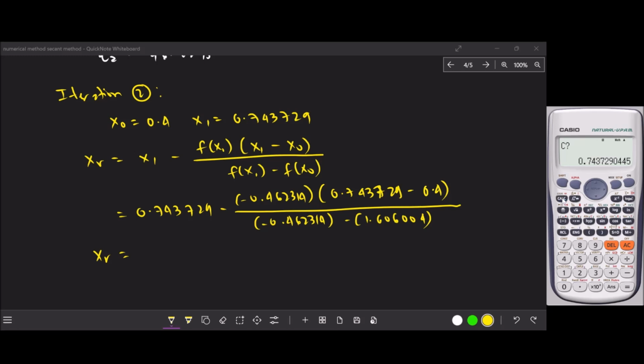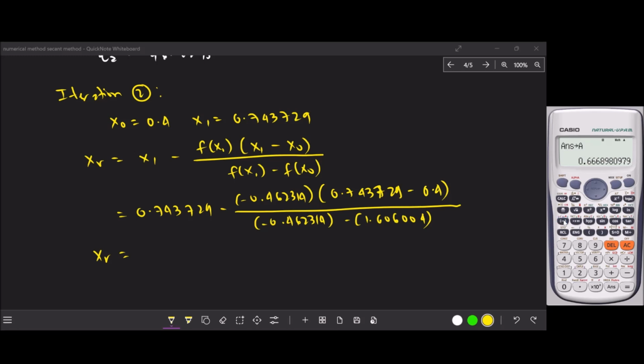Okay, so to check, 0.743, then we have negative 0.462314. Okay, so B is also correct. So our value now is equal to 0.666898. Okay, so we store this one in A.